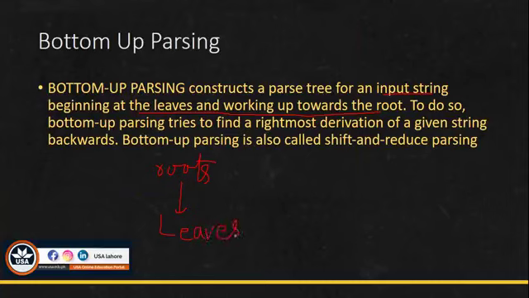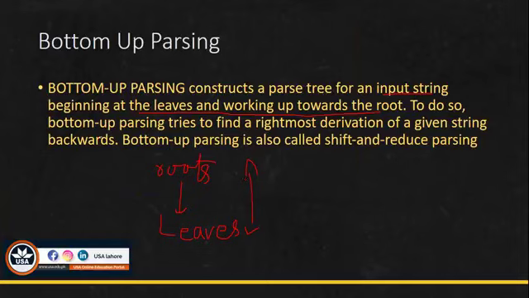But in bottom-up parser, we start constructing from the leaves and move towards the root. So in bottom-up parser, we construct our tree in the opposite manner.